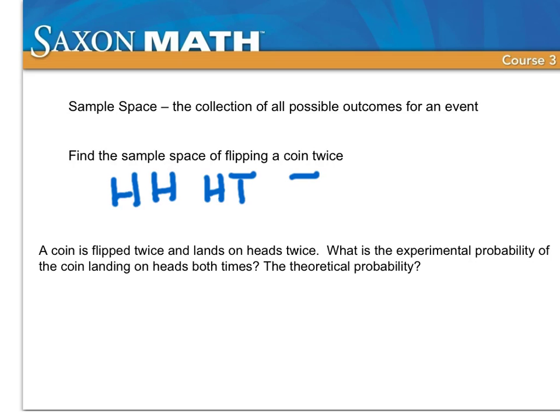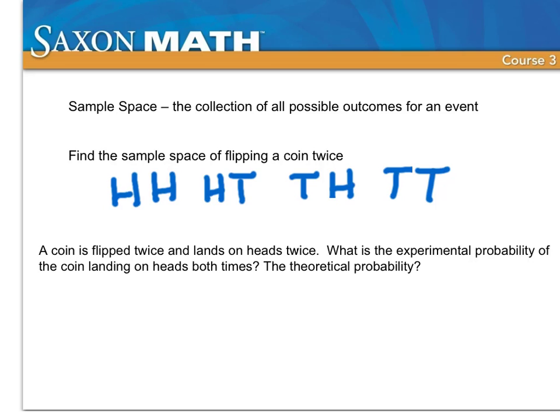I could get tails the first time and then heads the second time, or I could get tails both times. So this right here is the sample space of flipping a coin twice. That's all the possible things that can happen. There are 1, 2, 3, 4 different things that can happen if I flip a coin twice. I can get heads both times, heads first and then tails, tails first and then heads, or tails both times.